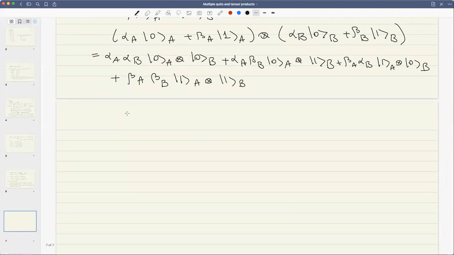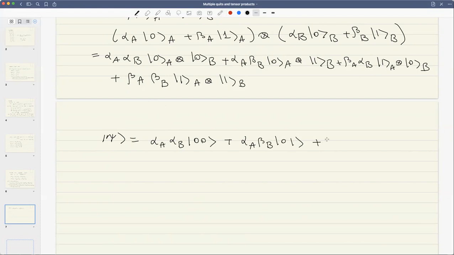So now my psi becomes, going to the more compact notation, alpha A alpha B 0, 0, plus alpha A beta B 0, 1, plus beta A alpha B 1, 0, plus beta A beta B 1, 1.